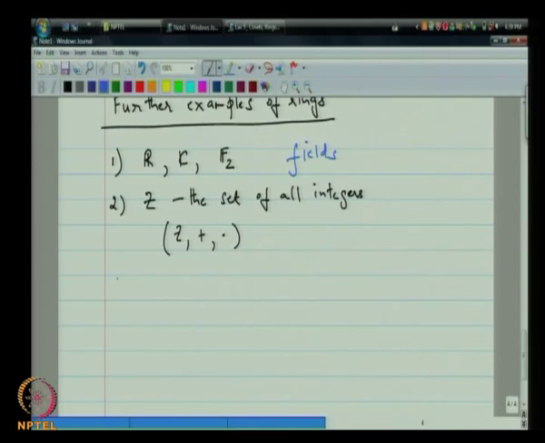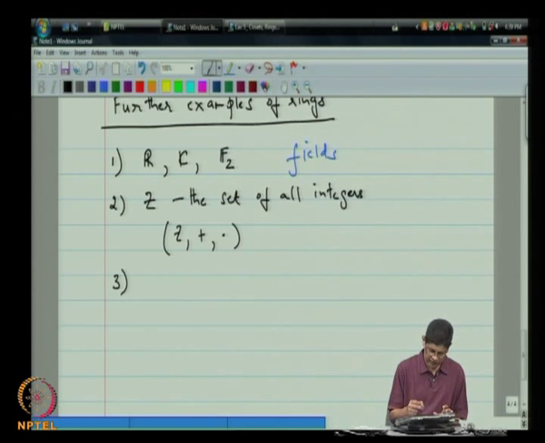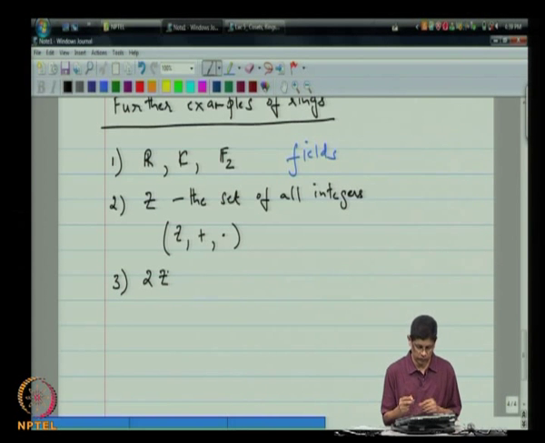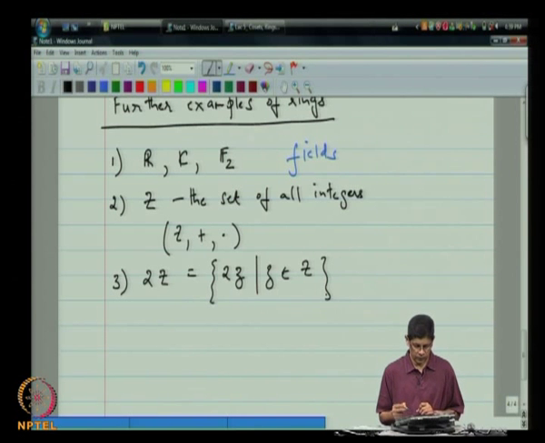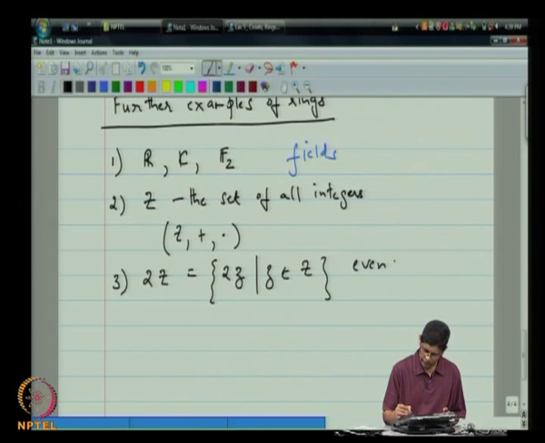Okay, 3. Now, let us make a slight variation and actually define 2Z. So, what is 2Z? 2Z is nothing but the set of all elements 2 times little z, where little z belongs to Z. So, in other words, this is all even integers.